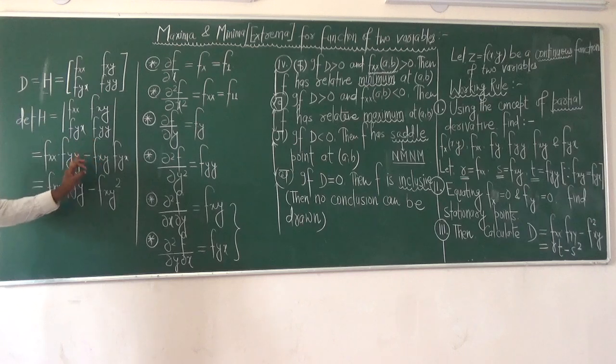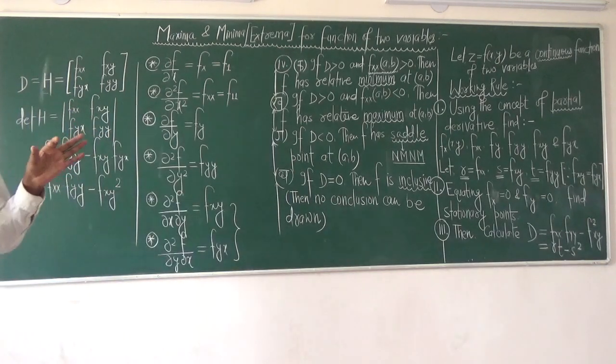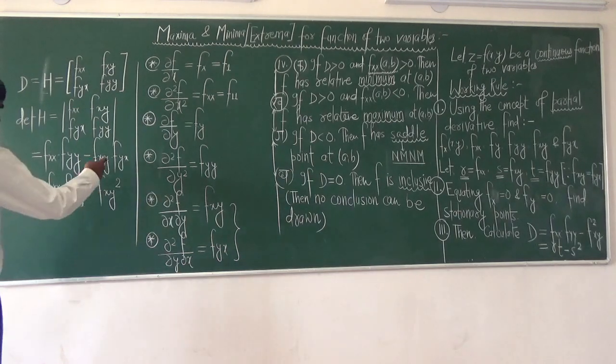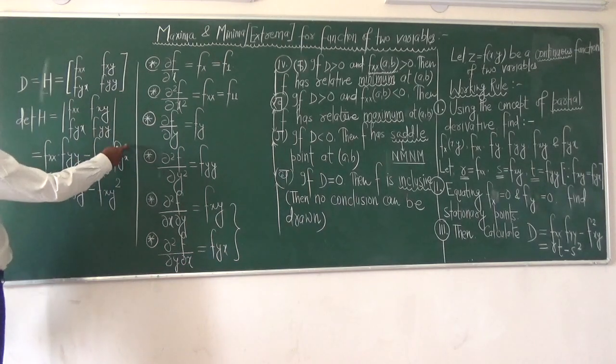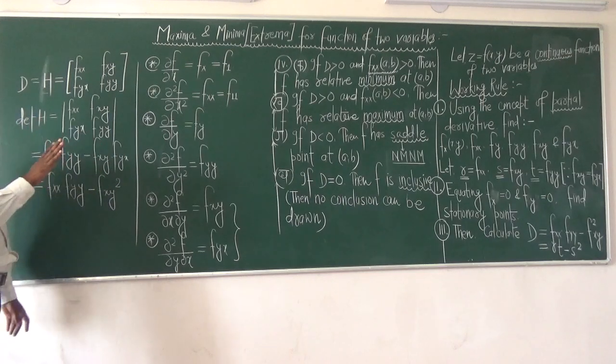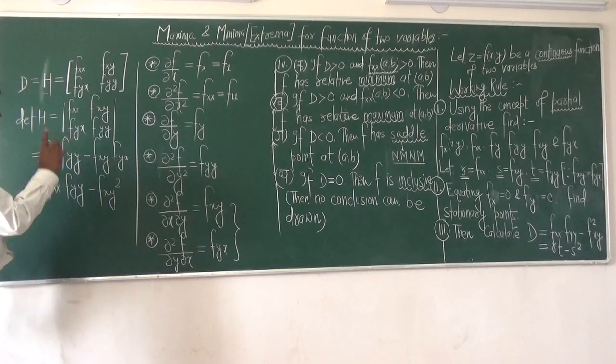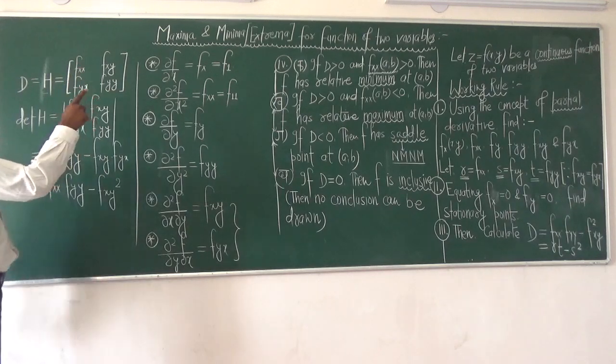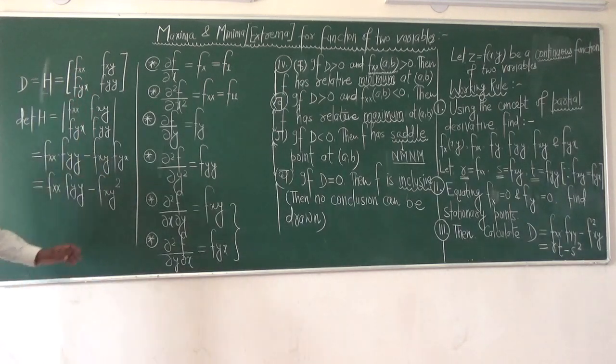Here the secondary diagonal elements are f_xy and f_yx, and this function is continuous in a particular interval or in the given domain. In this situation, f_xy and f_yx both are equal. It is very important for maxima and minima or extrema for a function of two variables.